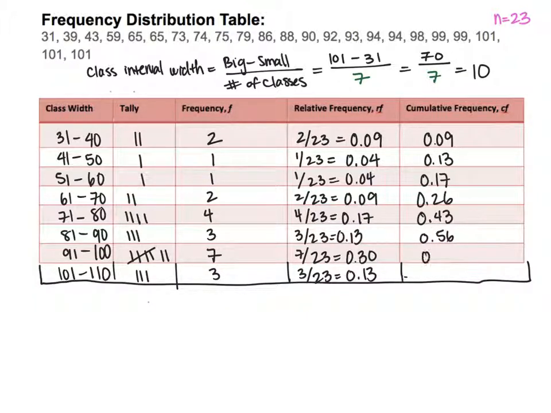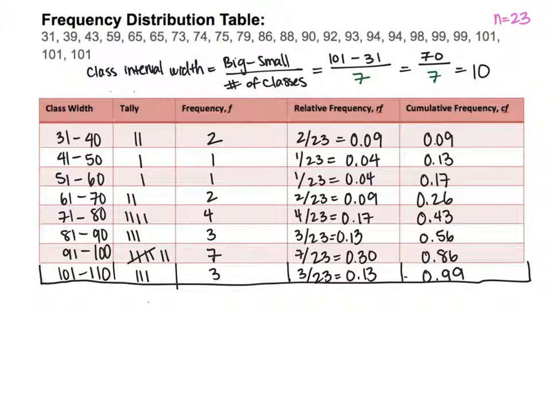If you add 0.30 to that, that's 0.86. And if you add 0.13 to that, that is 0.99. Okay, so notice how this cumulative here is 0.99.